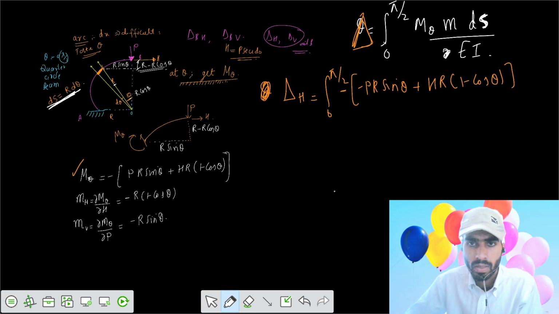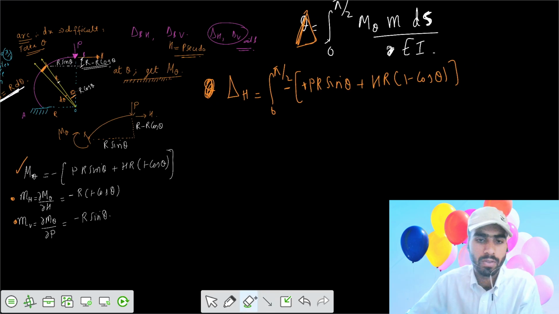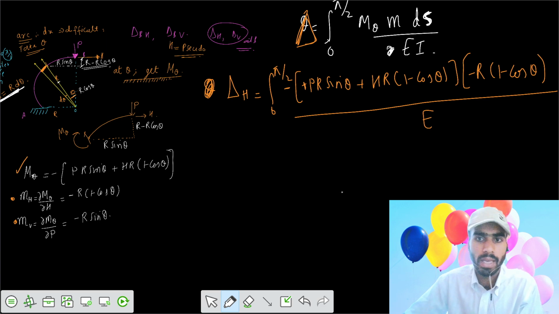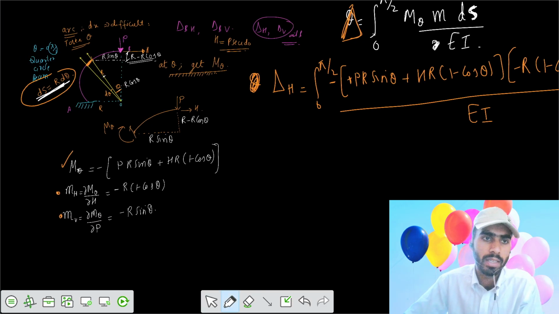And you have to multiply it with small m H, that is equal to minus R times 1 minus cos theta, divided by EI, and multiply it with ds, where ds equals R d theta.